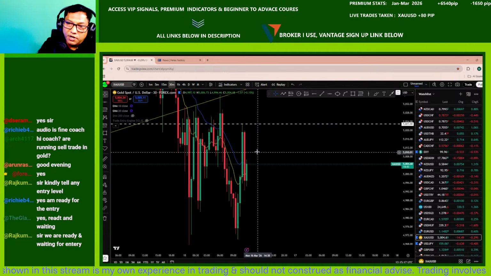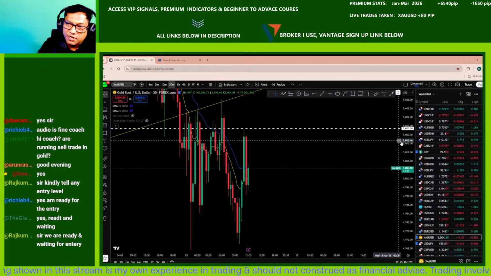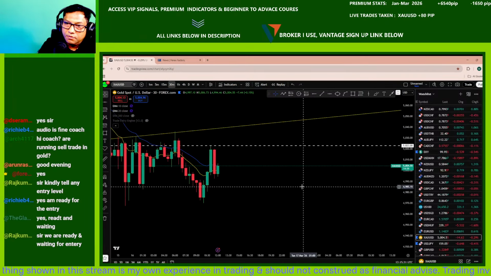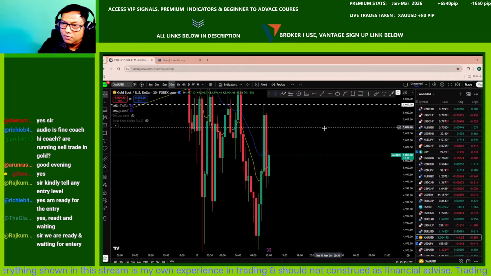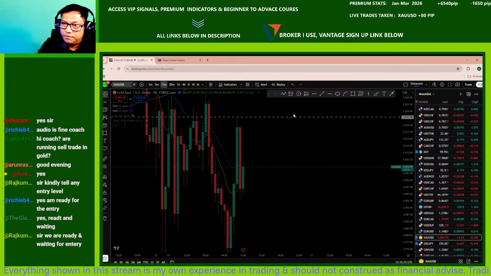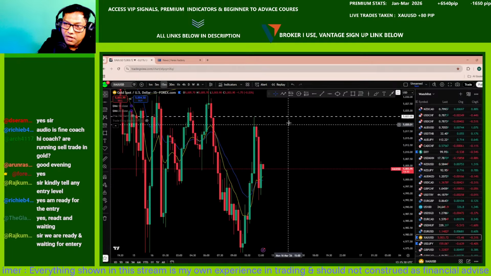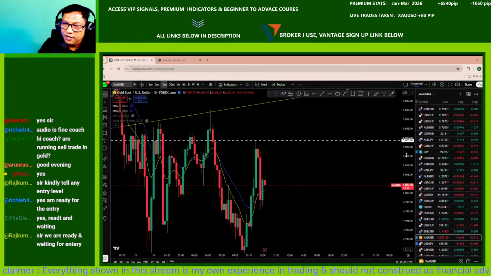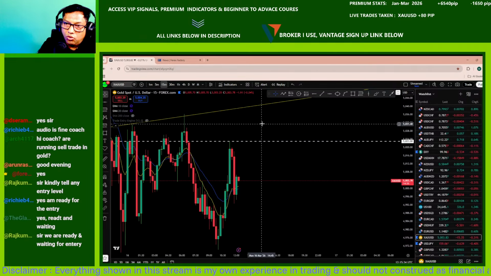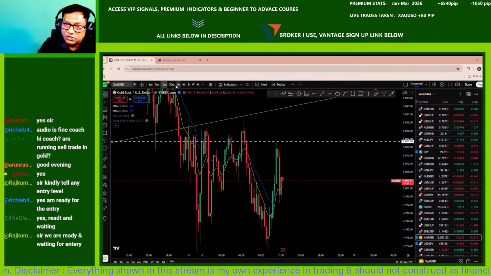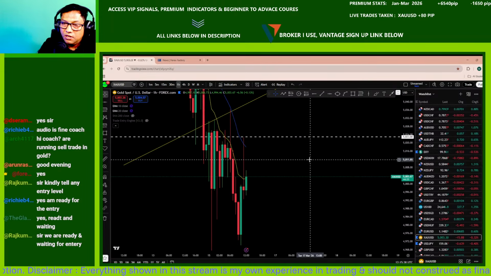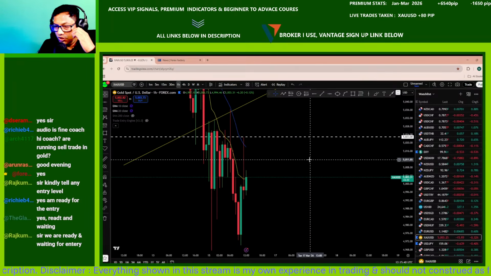From this support level, the market is slowly building that momentum back above. From this here, the market may eventually cross this high and could go back to the resistance. And this is where we will be able to see a potential trading opportunity in that market.